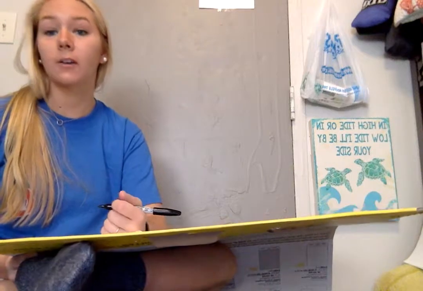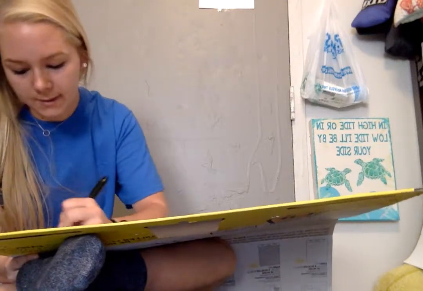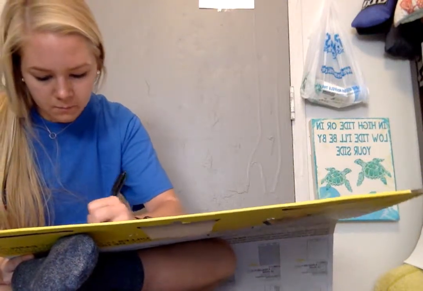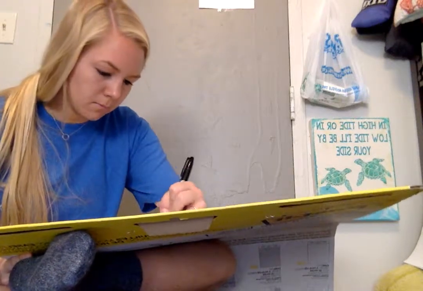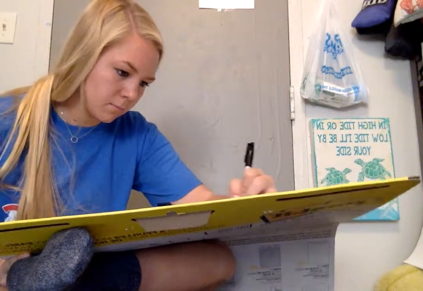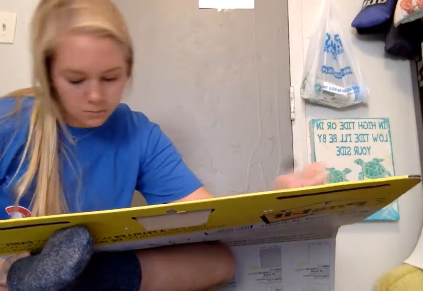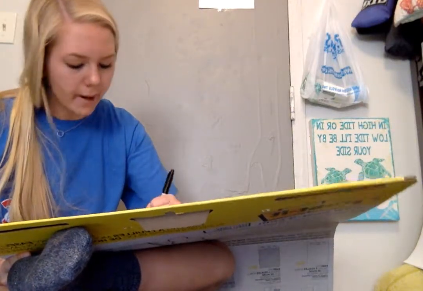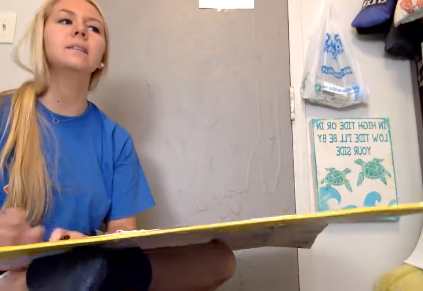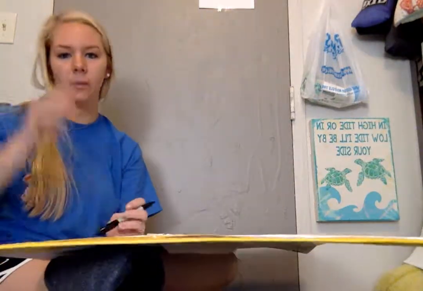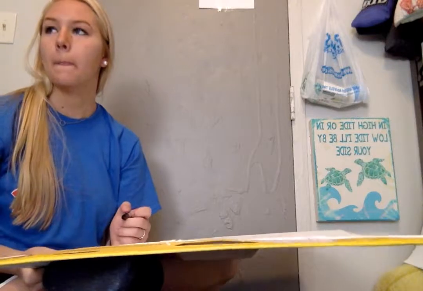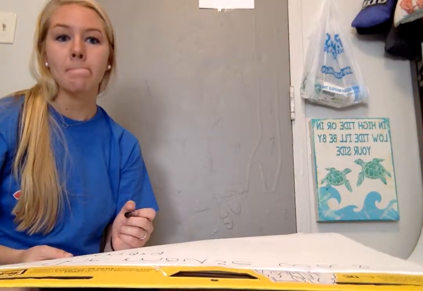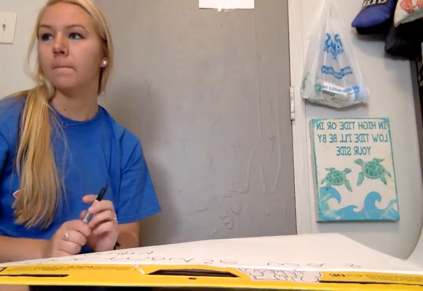The mouse was hungry, and that's what started the whole mess. What came next? After the mouse got hungry, what did he do? And what did the little boy do when the mouse said he was hungry? He gave him a cookie. He did give him a cookie.